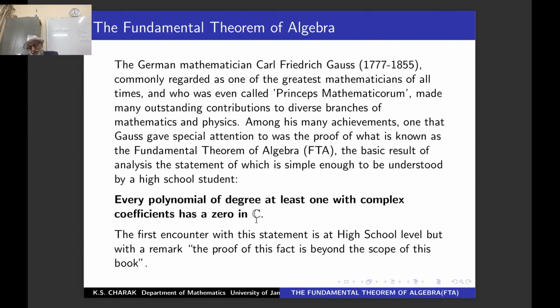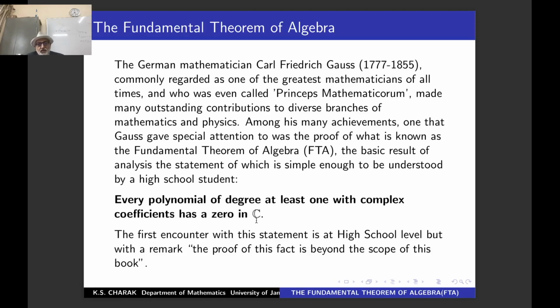Basically, this was the result given by a German mathematician called Friedrich Gauss, who is commonly regarded as one of the greatest mathematicians of all times, and he is also known as the Prince of Mathematics. He has contributed to diverse branches of mathematics and physics.